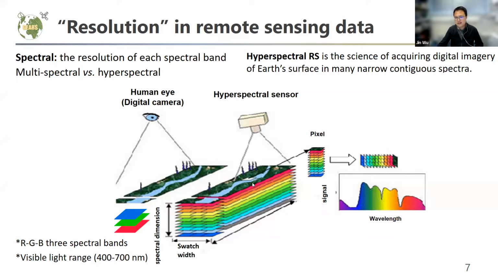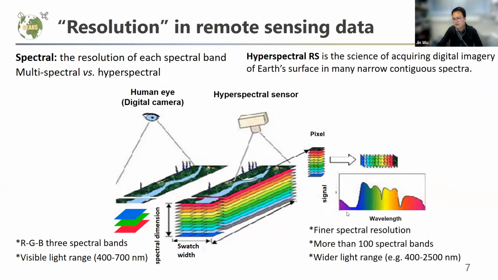We can see the landscape, and then we can zoom deep into the pixels, and we find it can be represented as a high dimensional data cube. Even for one pixel, if we view it in a two-dimensional way, the x-axis is the spectral wavelength, the different spectral bands, and the y-axis is the reflectance signal, and you can see it represents a beautiful curve.